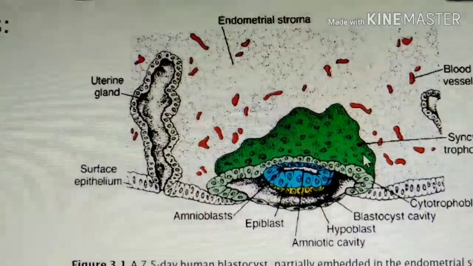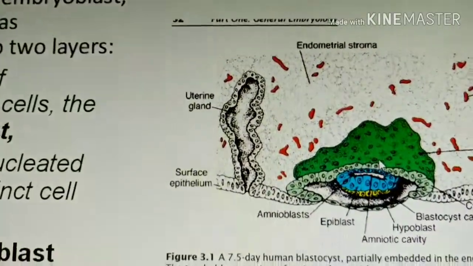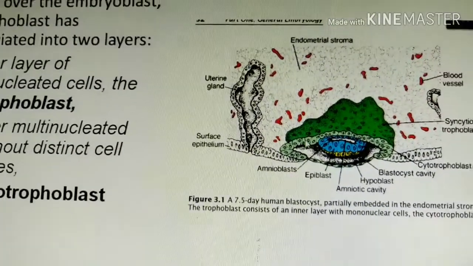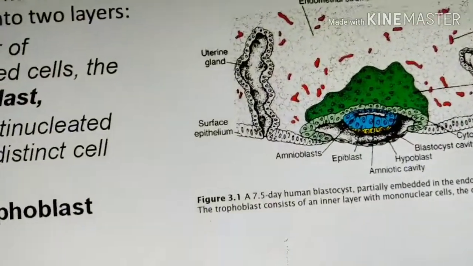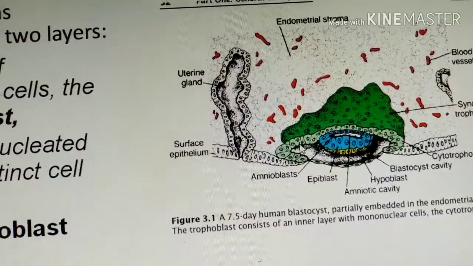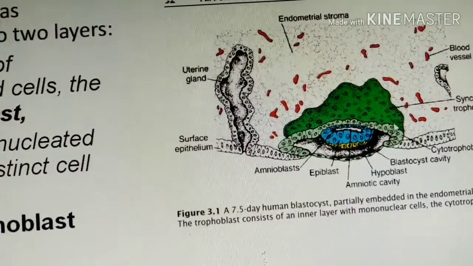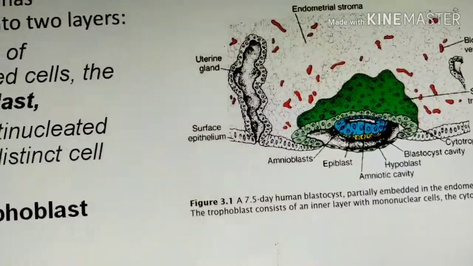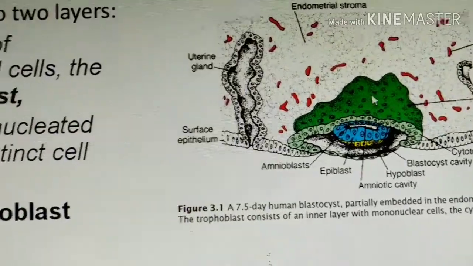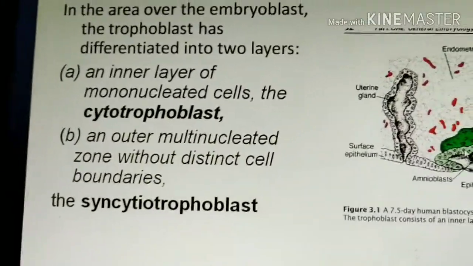So again memorize: cytotrophoblast is mononucleated and syncytiotrophoblast is multinucleated.